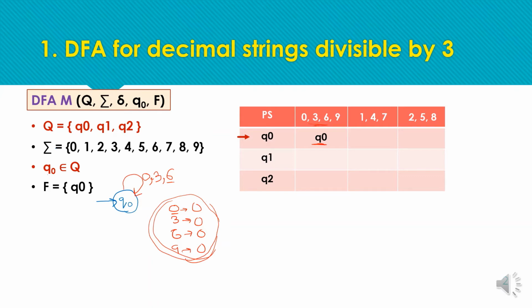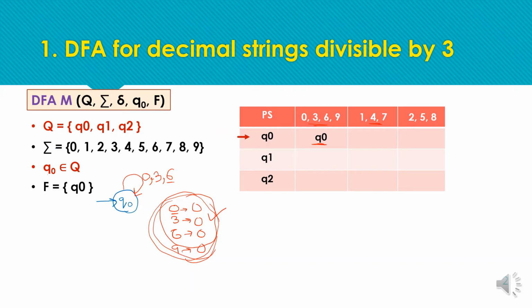Next, if we receive 1, 4 or 7 at Q naught, we can consider any one element of the set. We need not work with all the elements. I considered all the elements just for the sake of understandability, but from now you can look at any one symbol of the set, and the remaining symbols will have the same rules and transitions.